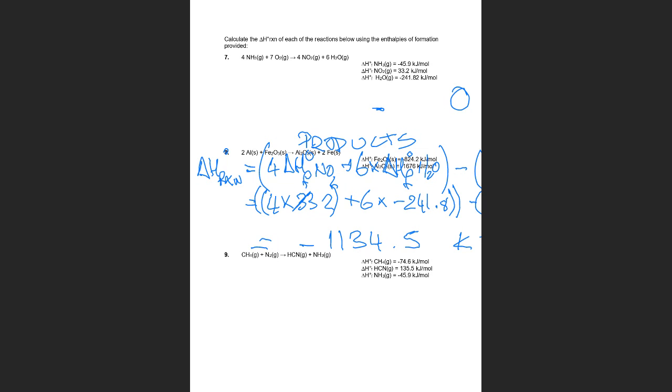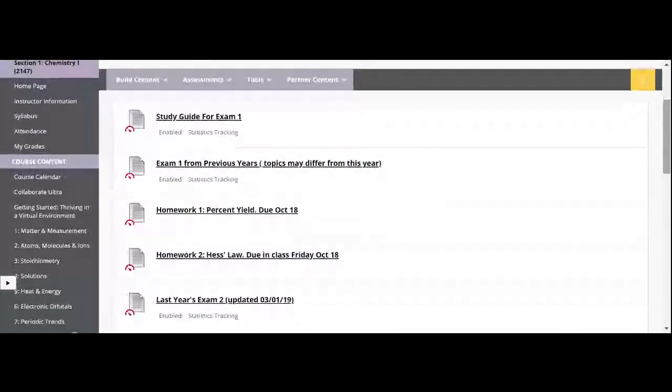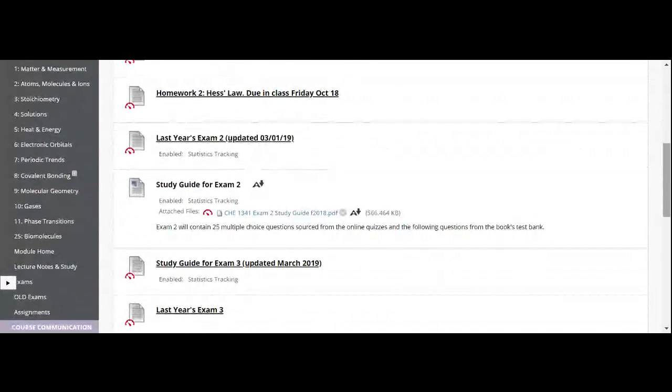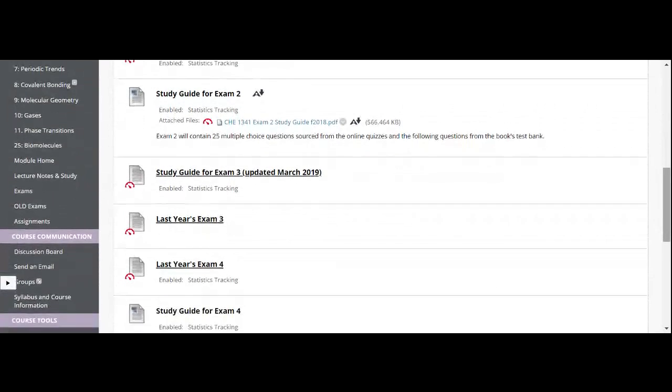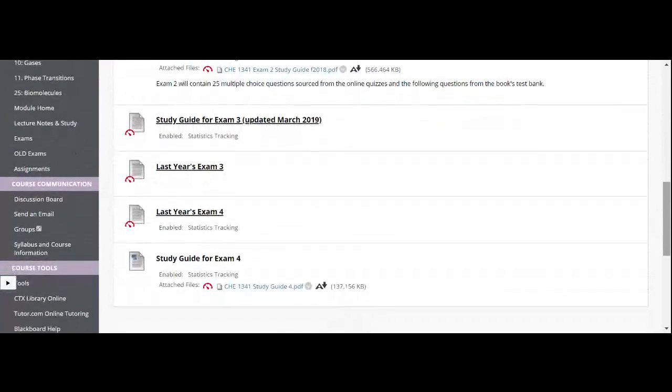There is a folder in Blackboard at the bottom of the content part below exams that says old exams. And these are exams from a couple of years ago.